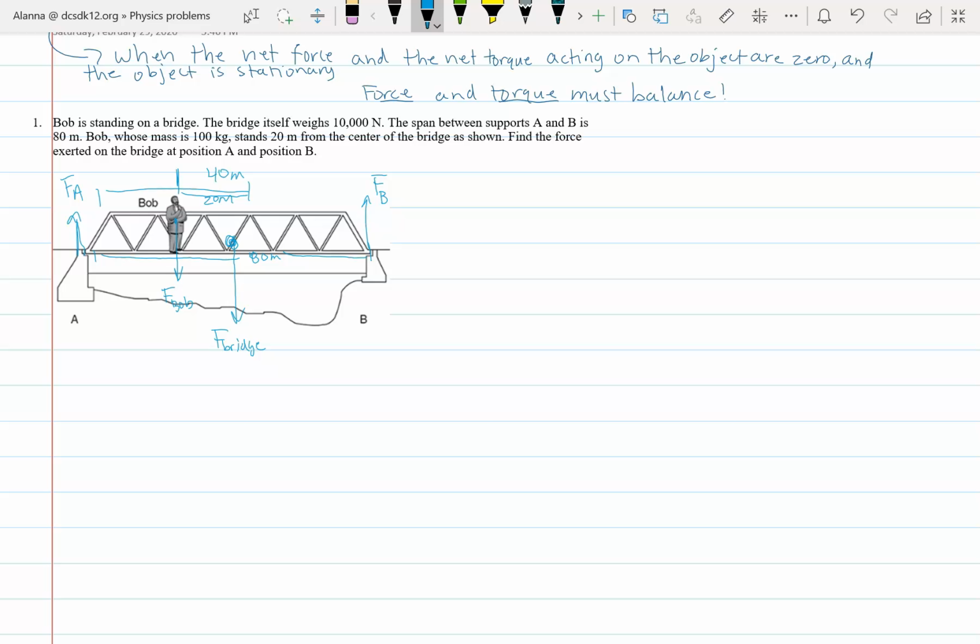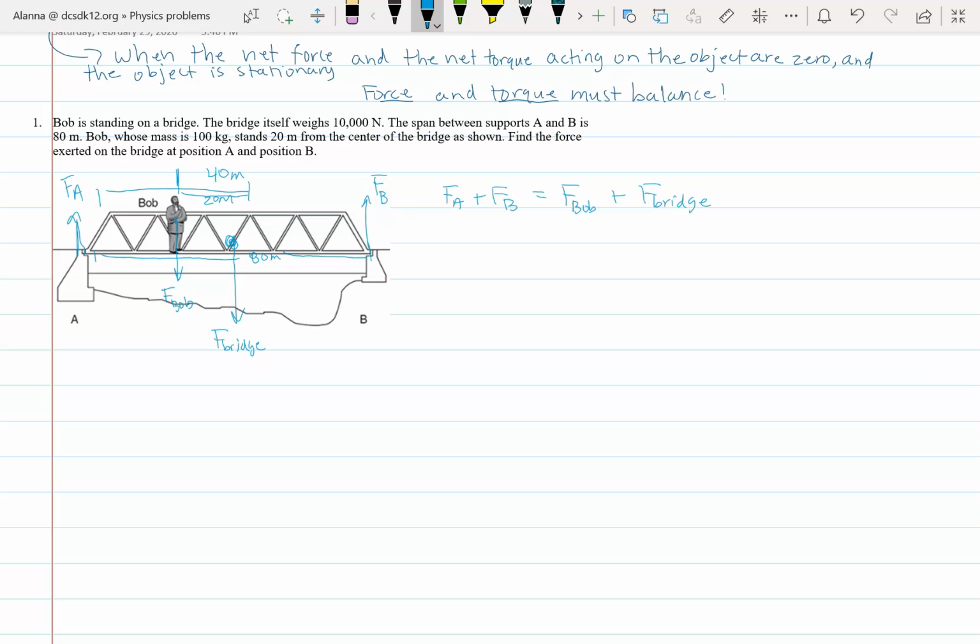What that means here is that all of the forces pointing up have to balance out with all of the forces pointing down. So we want to say FA plus FB equals FBob plus FBridge.